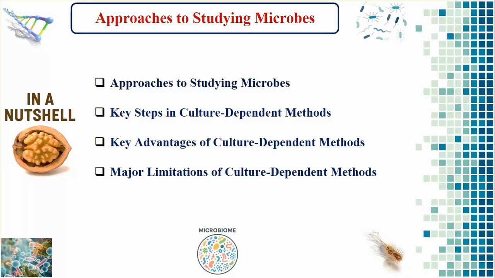So here we have discussed the approaches to studying microbes, focusing on culture-dependent methods. We covered the key steps from sample collection to isolation, growth, and functional studies. We also highlighted the main advantages such as working with live microbes, performing physiological and genetic studies, and supporting industrial application.